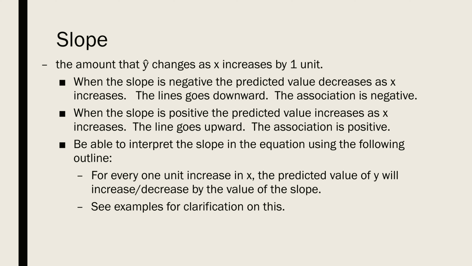The line goes upward. The association is positive. We can interpret the slope in the equation using the following outline. For every 1 unit increase in x, the predicted value of y will increase or decrease by the amount of the slope. Please see examples for clarification on this.